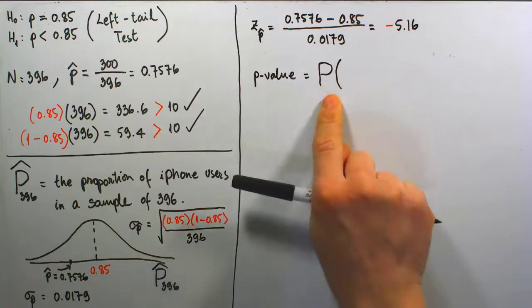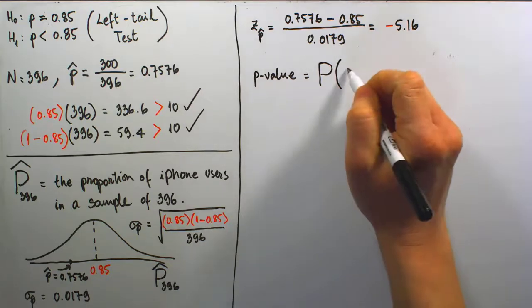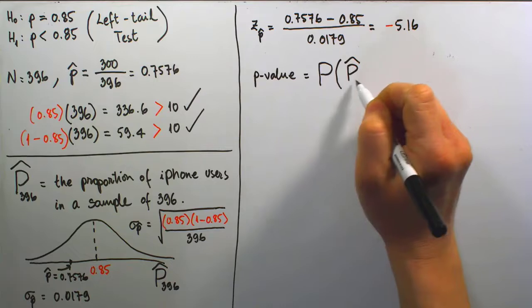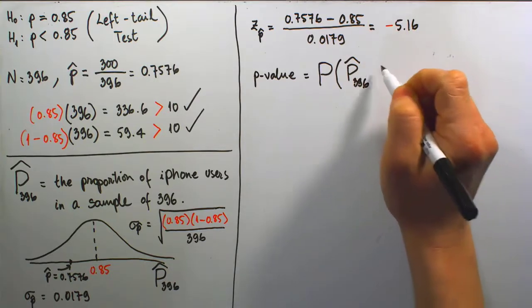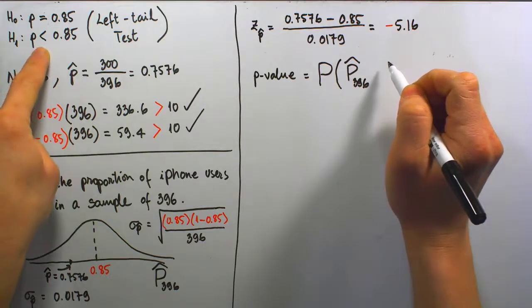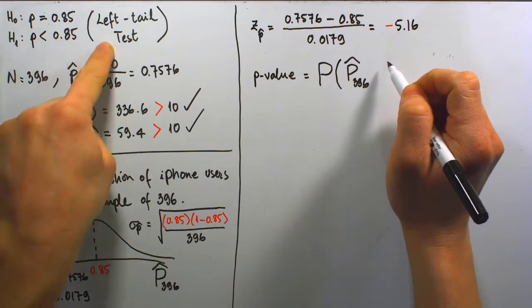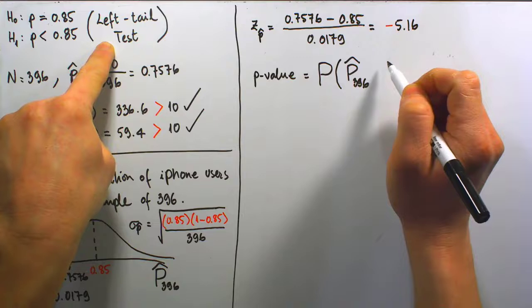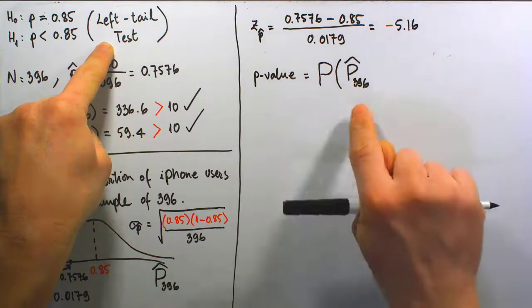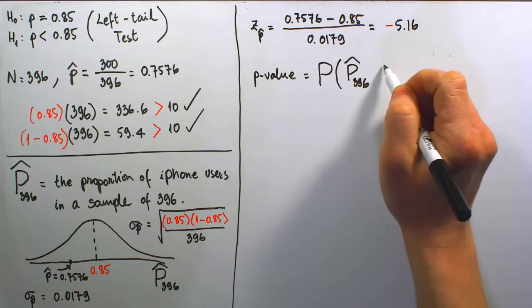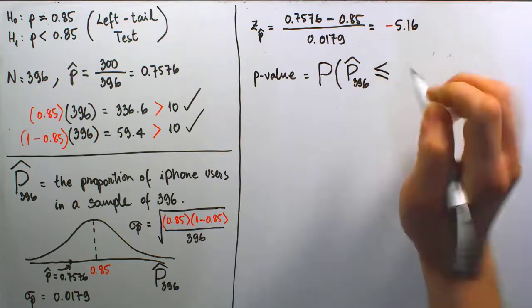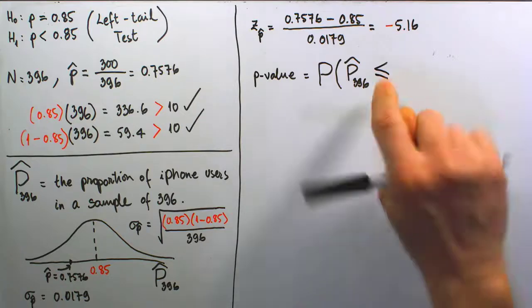We want to find the probability of a sample proportion at size 396, and since the inequality in the alternative hypothesis is pointing to the left, as I indicated earlier, this is a left tail test. So the inequality in our probability calculation must be less than or equal. It's a left tail inequality.